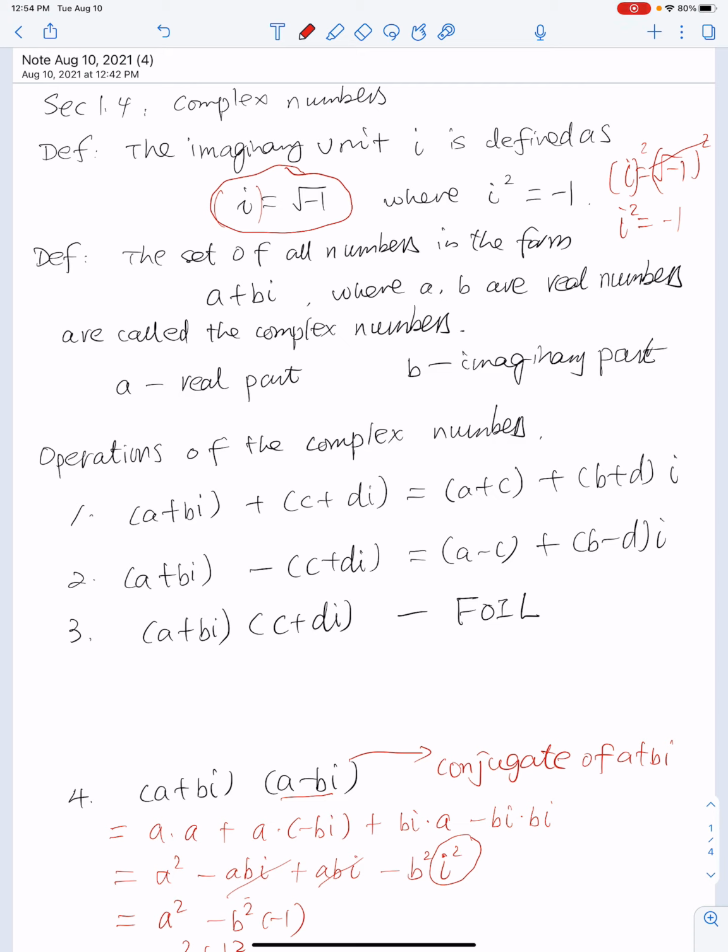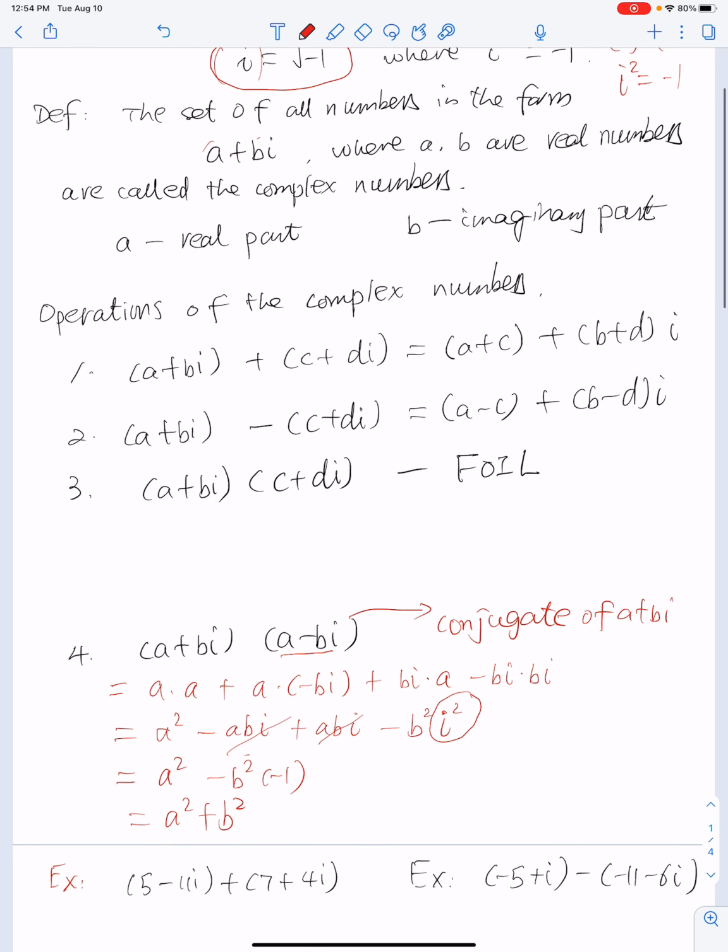Okay, so the definition for the complex number is the set of all numbers in the form of a plus bi, where a, b are any real numbers. And a is called the real part, and the b, which is the coefficient of the imaginary unit i, will be called the imaginary part.